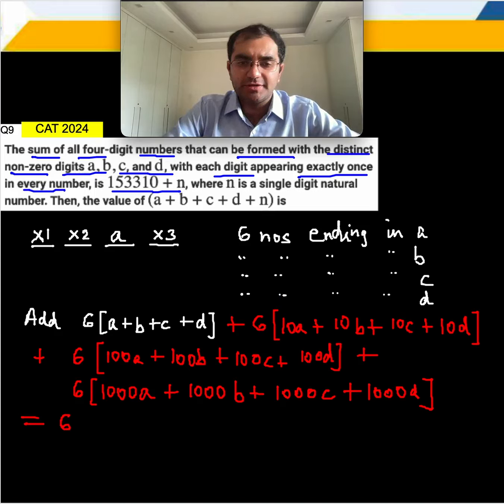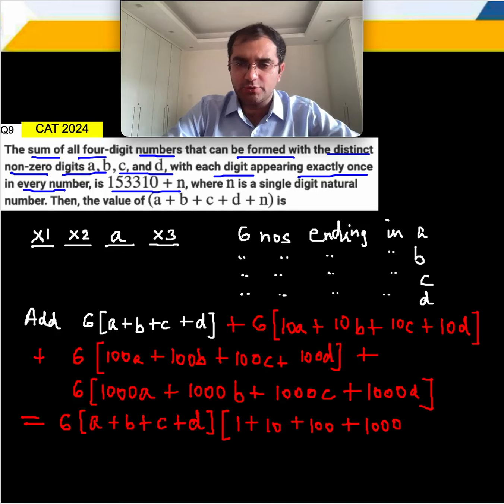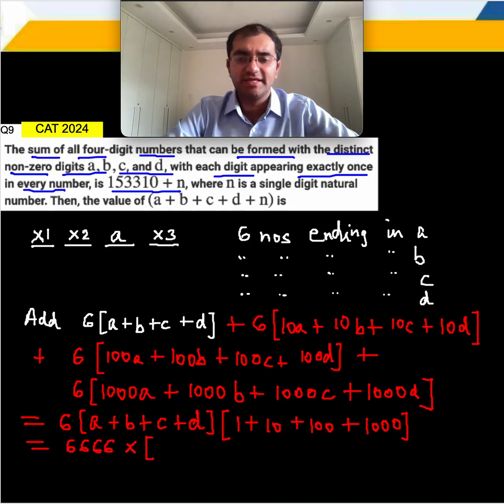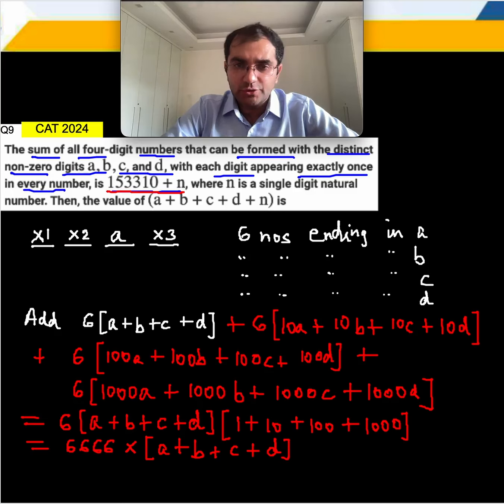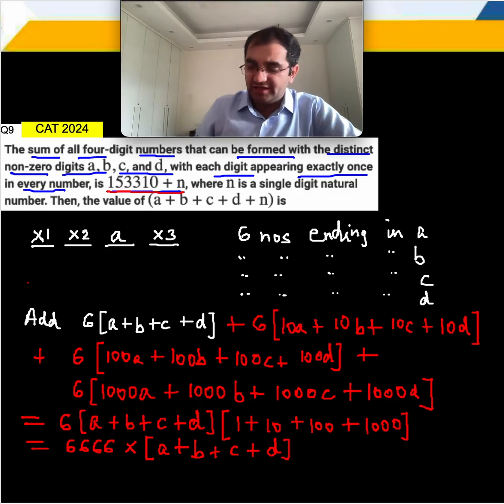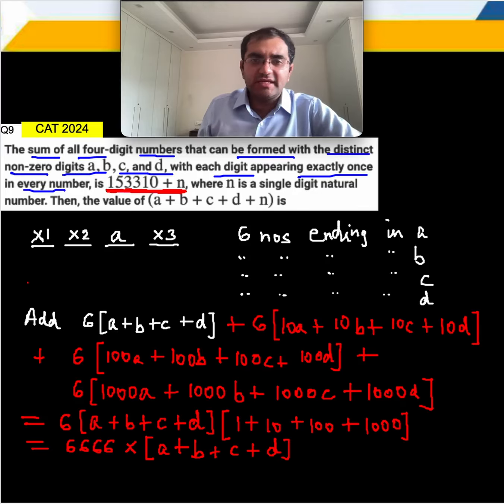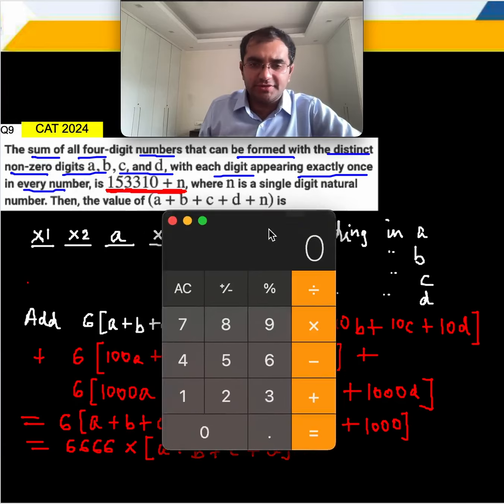So you get 6 times A plus B plus C plus D common, 1 plus 10 plus 100 plus 1000. So in total you get 6666 into A plus B plus C plus D, which is going to lie very close to 1533310. इसके लिए let us now get a calculator, ठीक है?